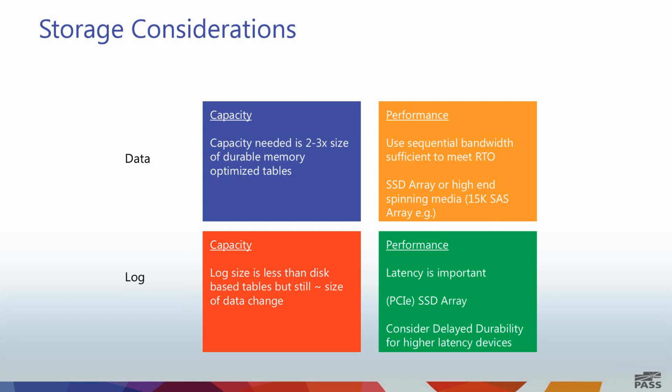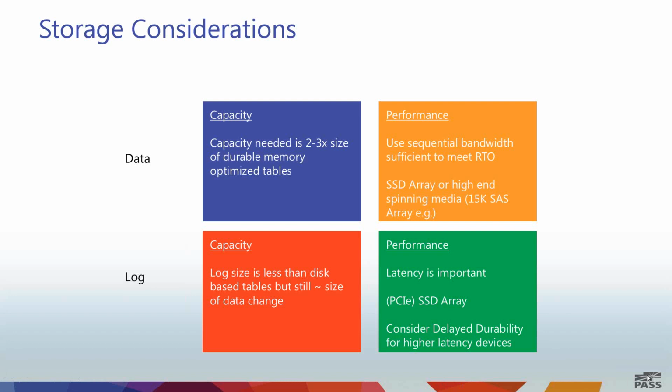In terms of performance, latency is very important, so using SSD or PCIe would be recommended here. If you have a higher latency device, you can also consider using delayed durability, a feature which allows transaction commit without flushing the log record to disk. But you do need to consider that if you use this feature, you commit your transaction, and the server goes down immediately, the changes from that transaction may be lost. But all the other transactions will be made durable.